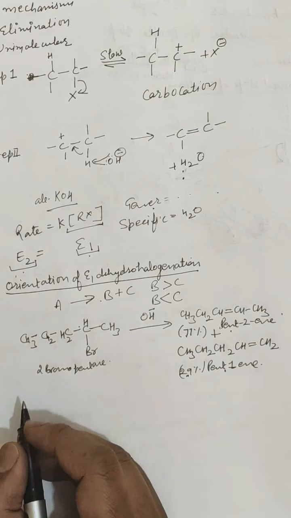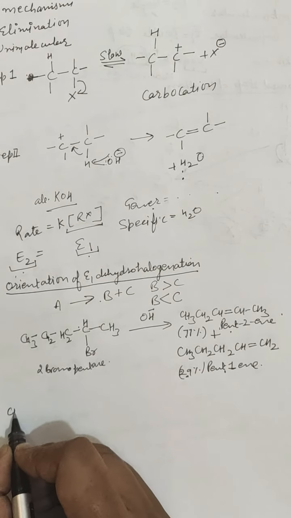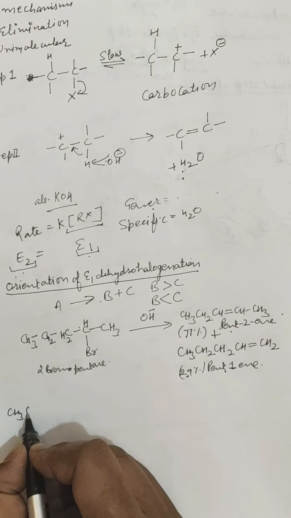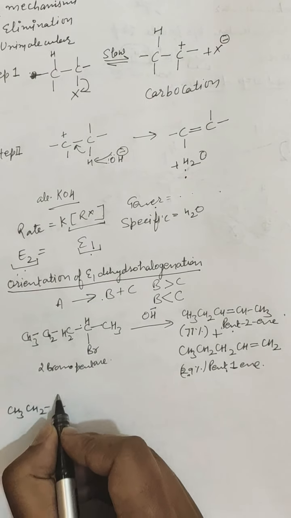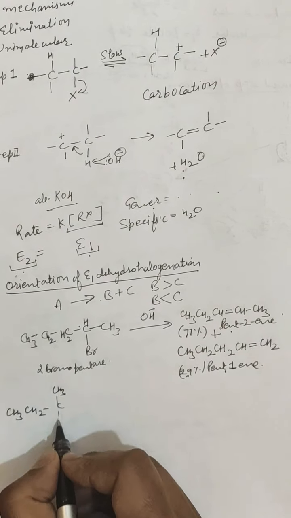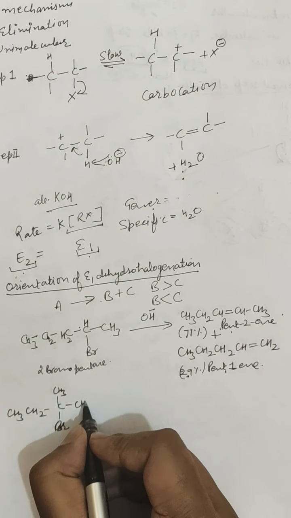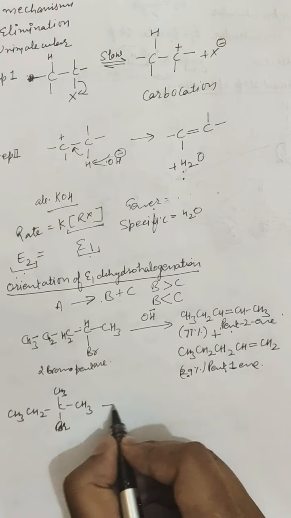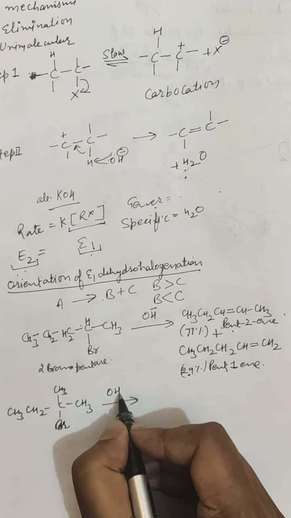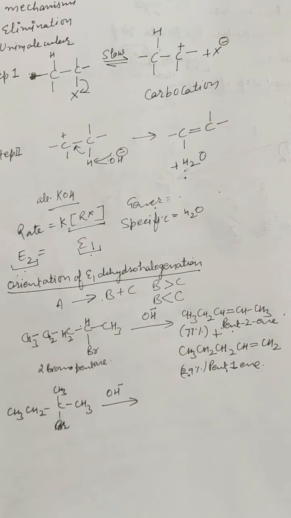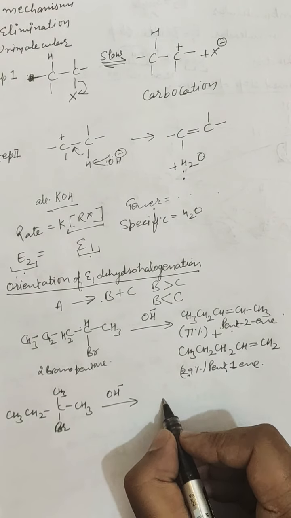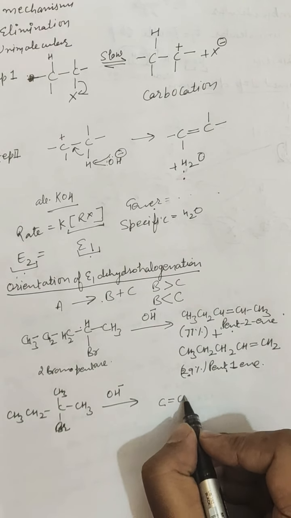In case of tertiary pentyl bromide in the presence of hydroxyl base, there are two products.